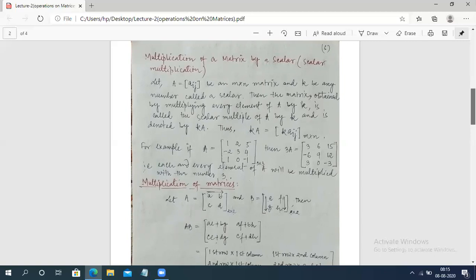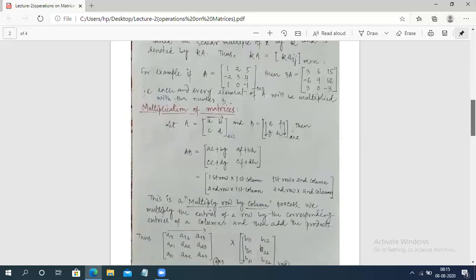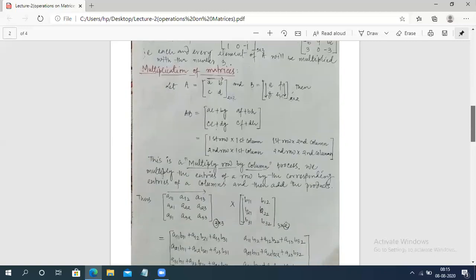Next, come to the multiplication of matrices. Multiplication of matrices is quite different from addition and subtraction. In case of addition and subtraction, the order of the two matrices was the same.